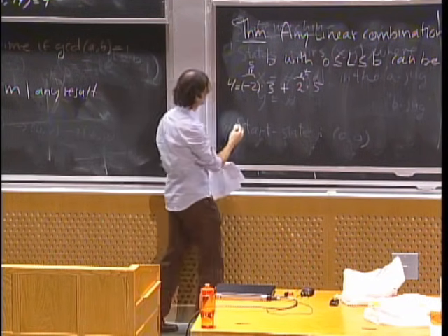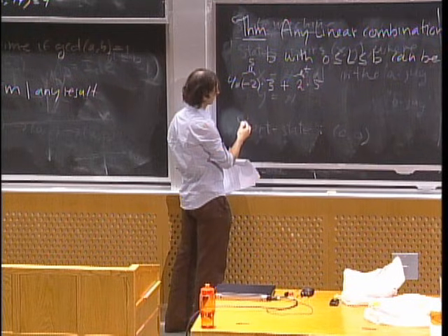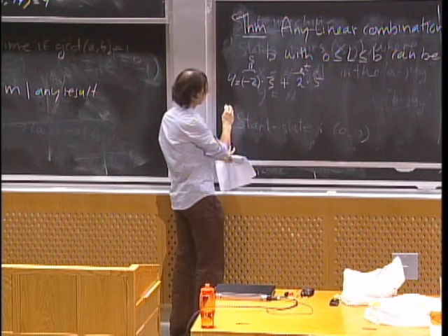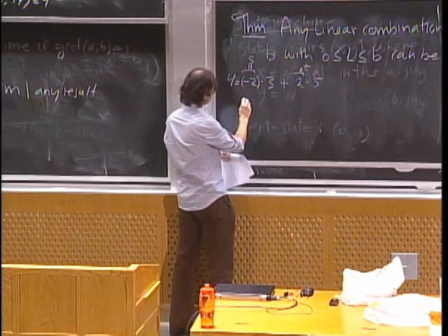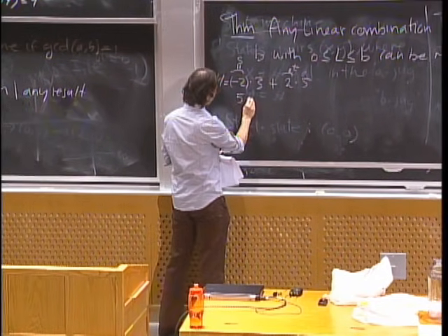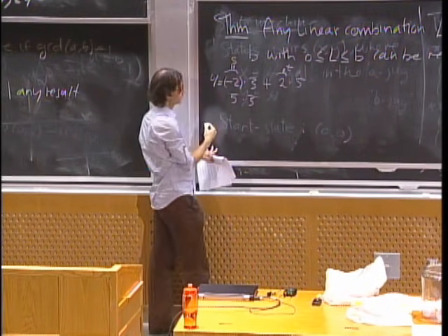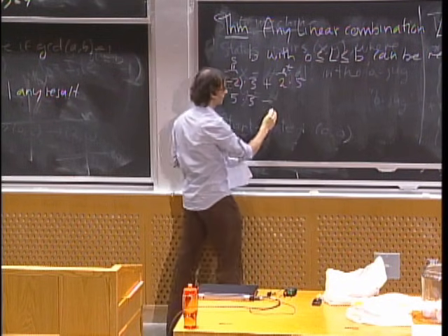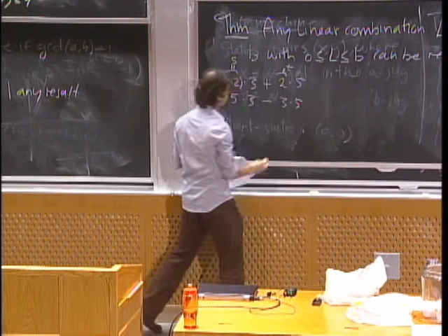Yeah, that's true. 3 times 3 minus 5. So, how did we do that? Well, we can just add, say, 5 times 3 to this one, and then subtract the same again, minus 3 times 5 over here.